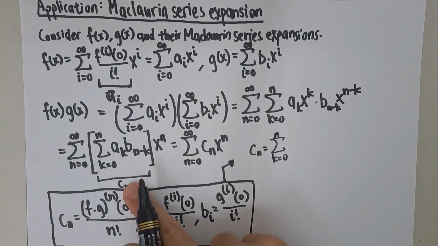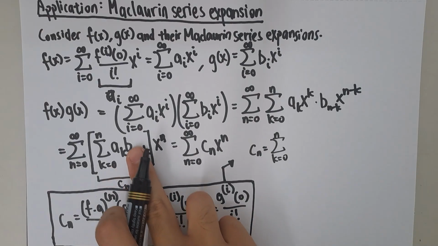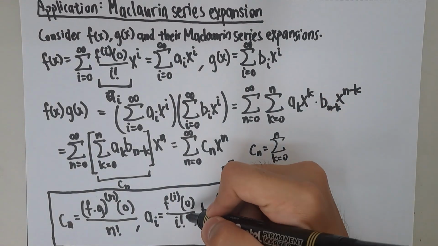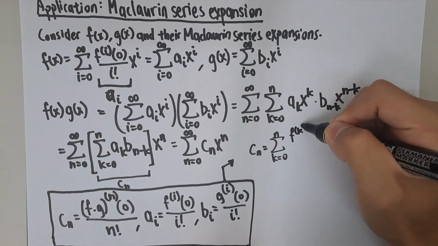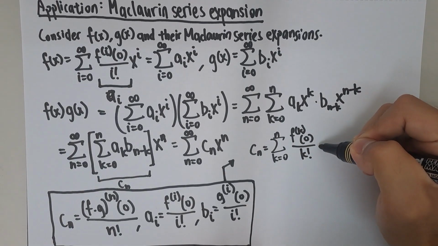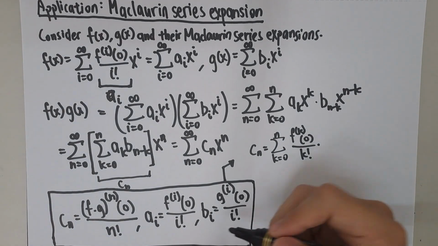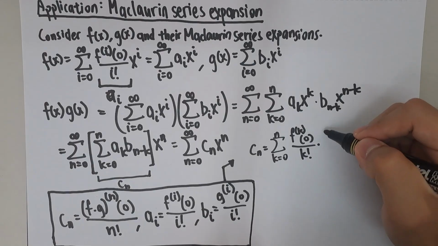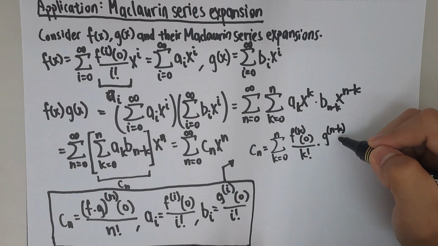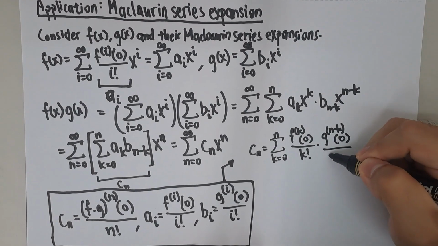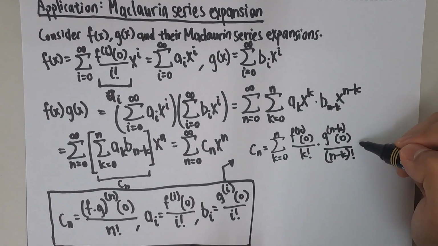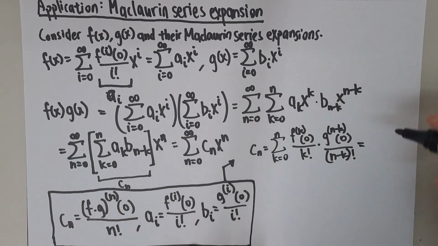Over here we know what Cn is in terms of the A sequence and B sequence. So what's ak? ak is nothing but the kth derivative of f evaluated at 0 divided by k factorial. And we multiply that with b sub n minus k, which is the n minus kth derivative of g evaluated at 0 divided by n minus k factorial. And this is also equal to this.